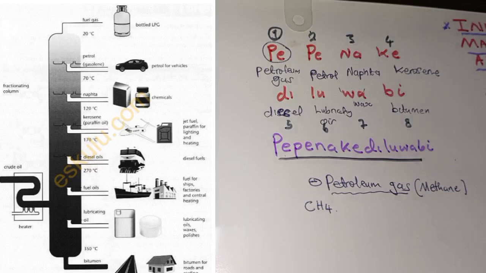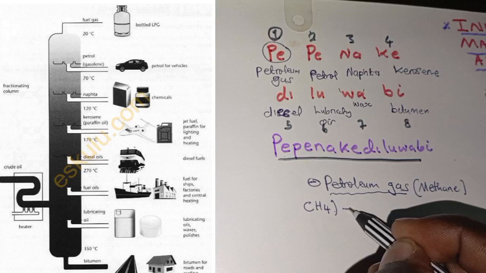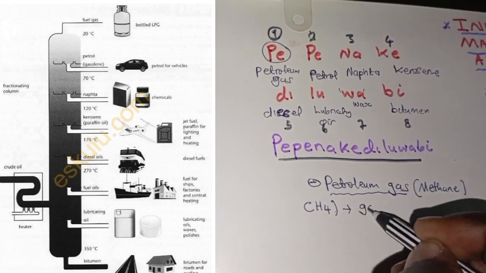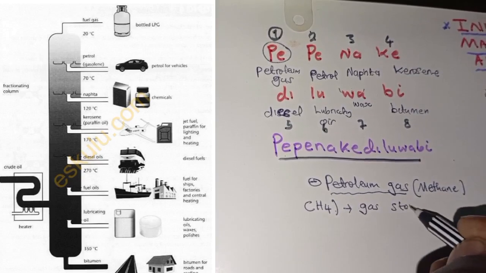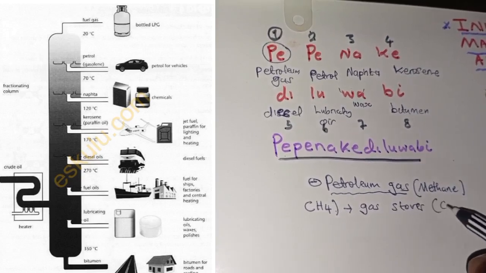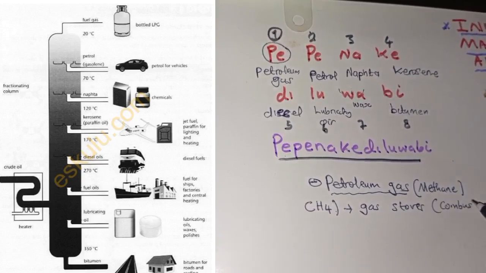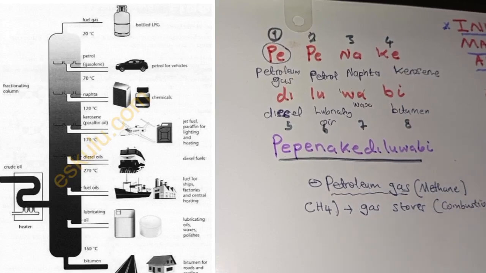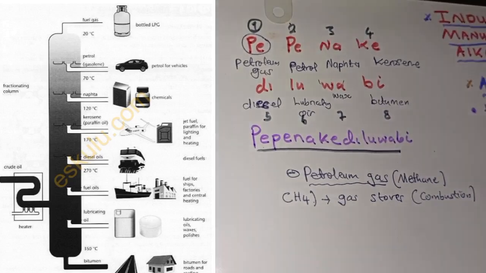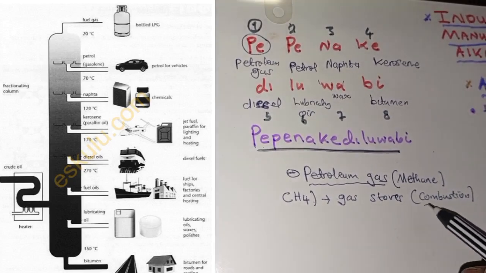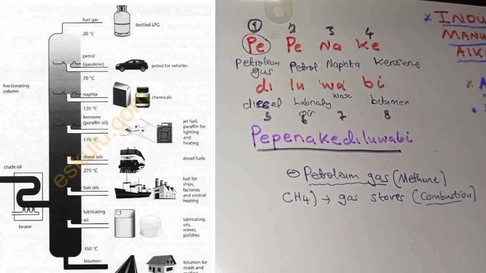Now you will find that this methane is used for a number of things. For example, they use it in gas stoves for combustion, because we talked about combustion. If you haven't watched the previous video where we were discussing combustion, do watch it. This is what they sell as fuel gas, which is put in gas stoves for combustion.